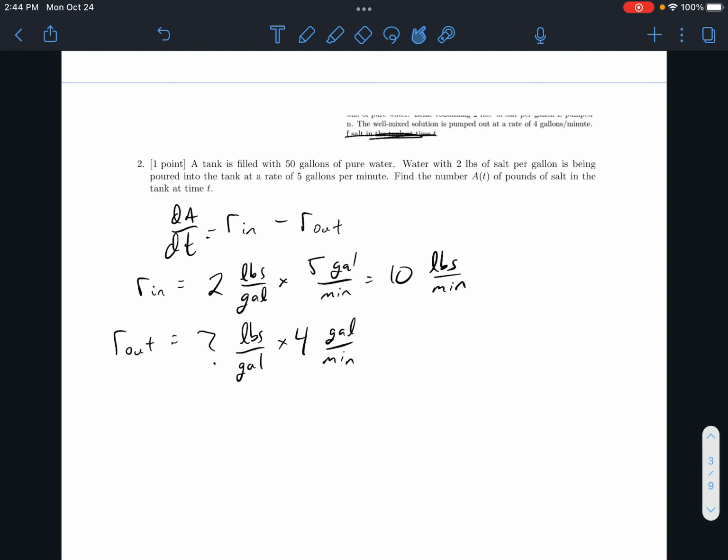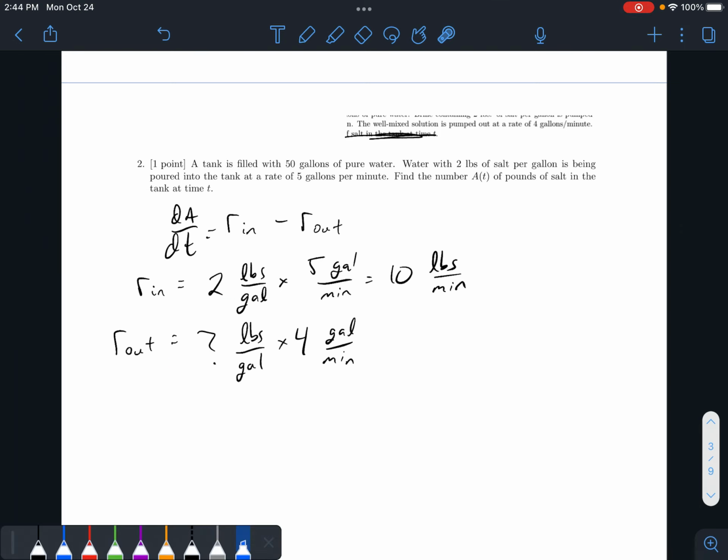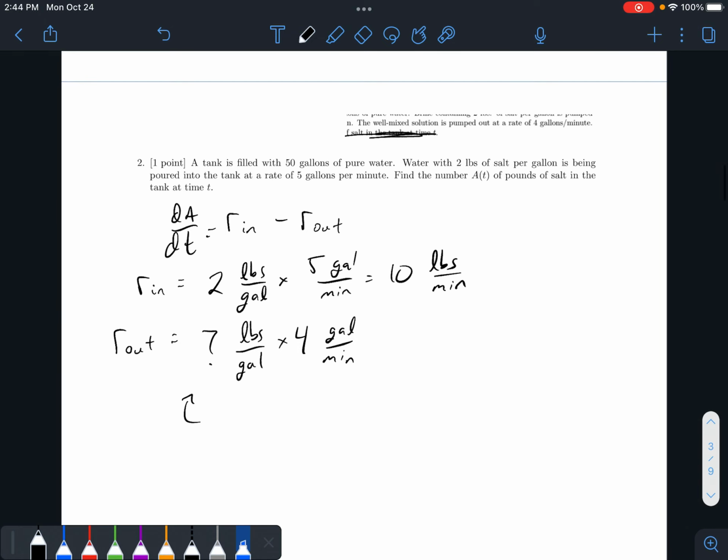But how many pounds of salt is there going to be per gallon at time t? Okay, well, at time t, it's going to be the total number of pounds of salt divided by the total number of gallons of water at time t.